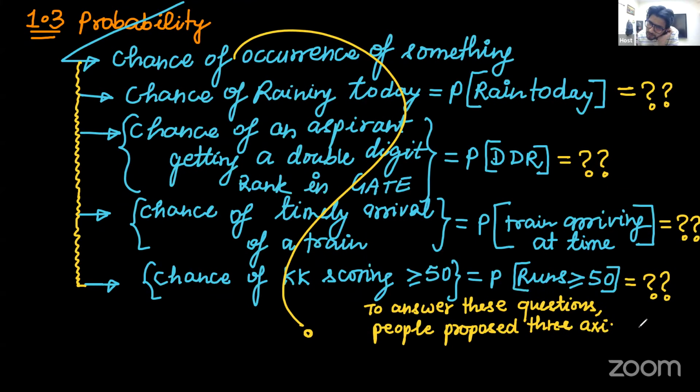Axiom means what? Axiom means a belief. Axiom means that we believe this to be true. Can it be proved? No.